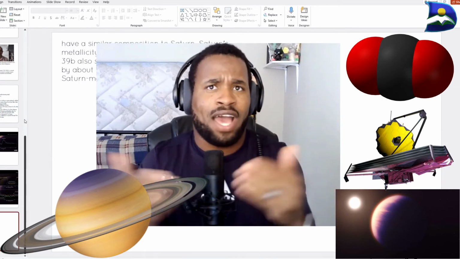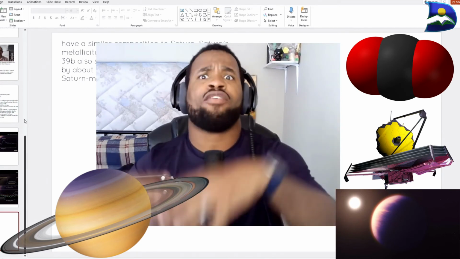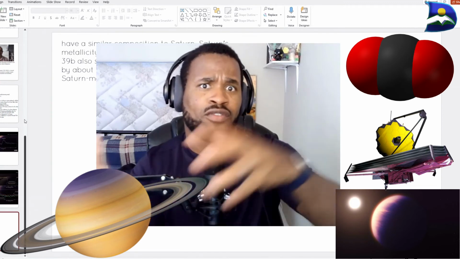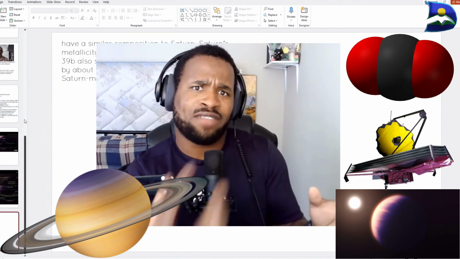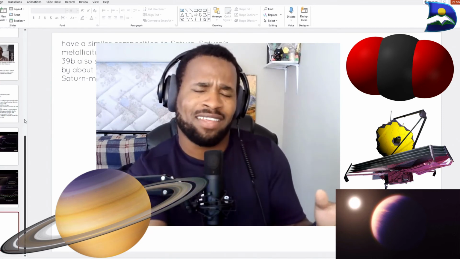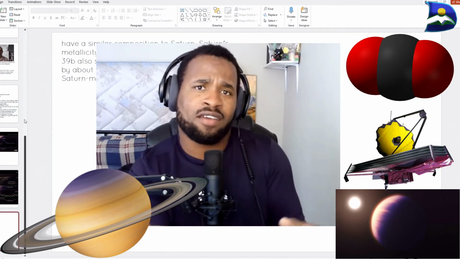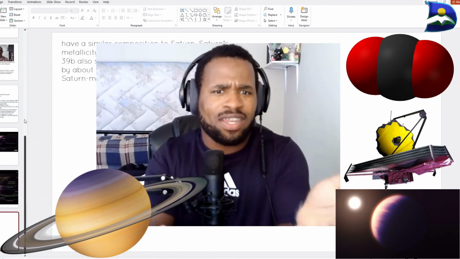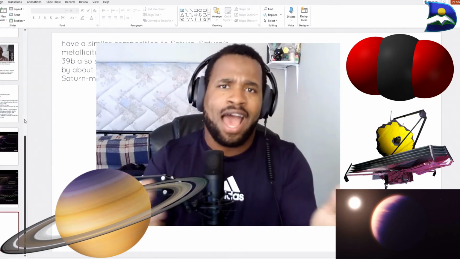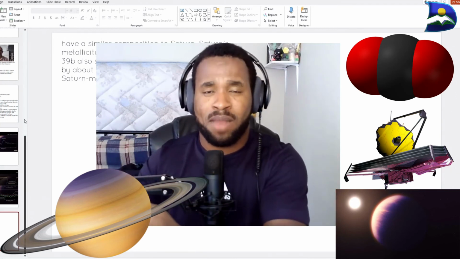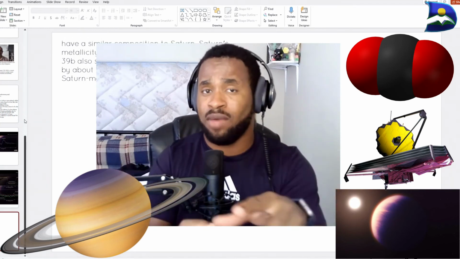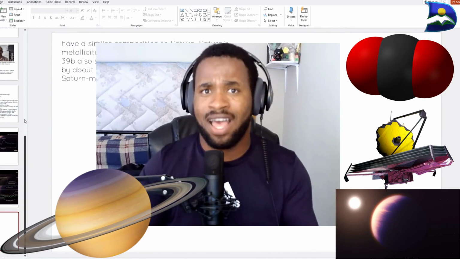So if that is the case, how about other exoplanets that are similar to this exoplanet in terms of its Saturn-like nature? Will they have that same amount of metallicity or amount of carbon dioxide relative to others? That is really a fantastic question to ask as we move into exploring more of this type of exoplanet, focusing on how James Webb is actually producing these fantastic results.